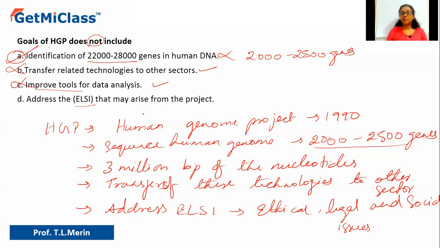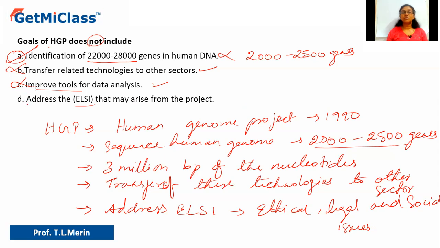So taking cells from living organisms, taking out the genes and then sequencing is considered to be acting like God. People cannot act like God. That is the mentality of certain people, and to address that also, these people have taken steps.